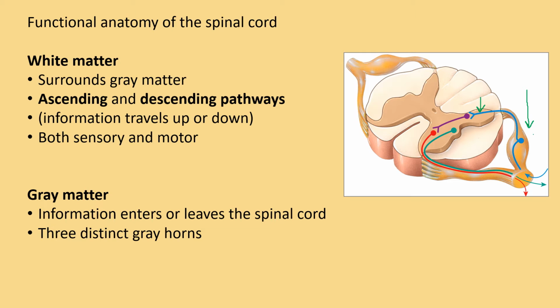Notice this structure here. This is a posterior root ganglion, also known as a dorsal root ganglion. The cell body of that sensory neuron is in the posterior root ganglion, and then its axon continues via the posterior gray horn into the gray matter of the spinal cord.